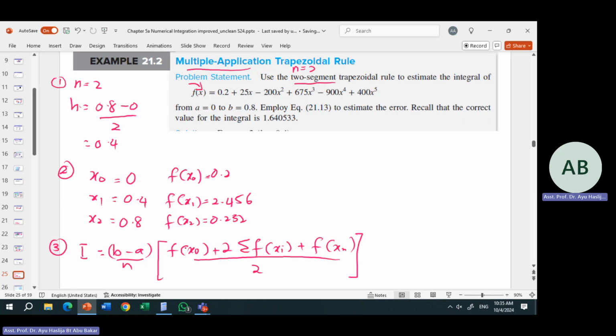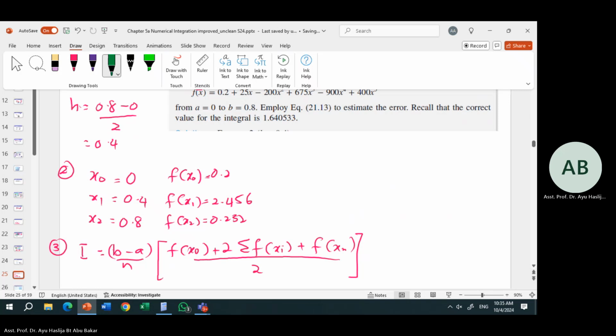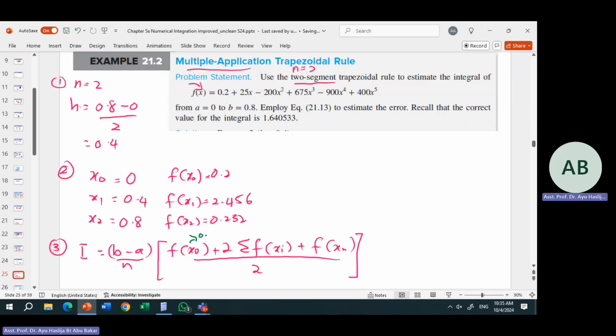Okay, so f(x0) is 0.2. Now, the intermediate part is only f(x1), which is this. f(xn) is the last point.